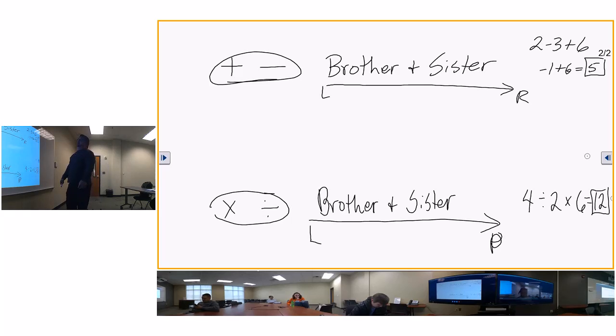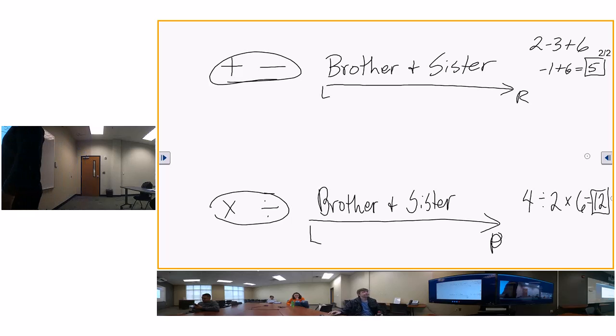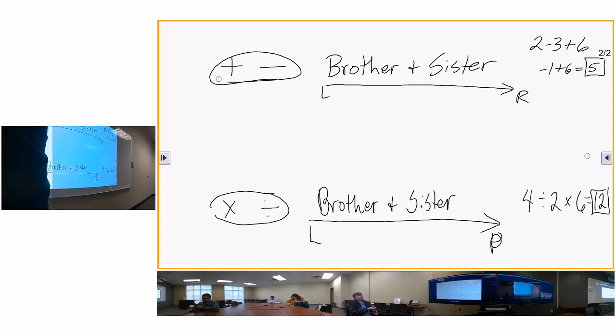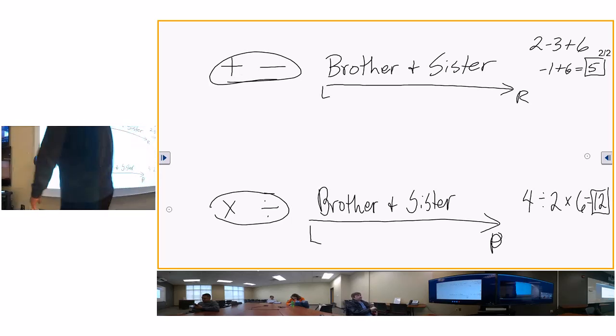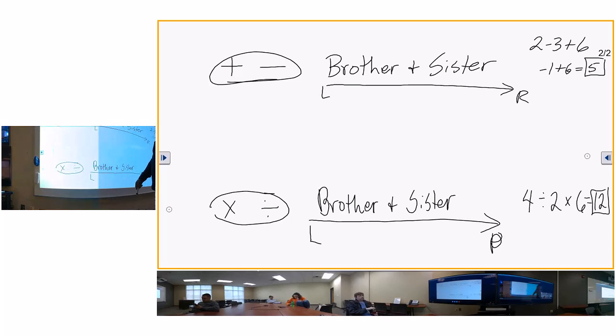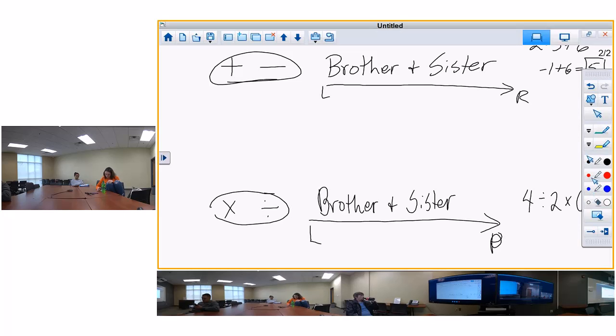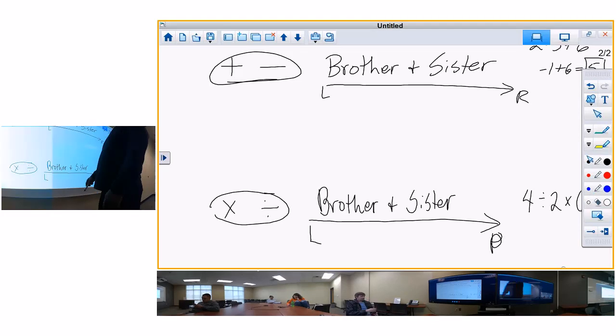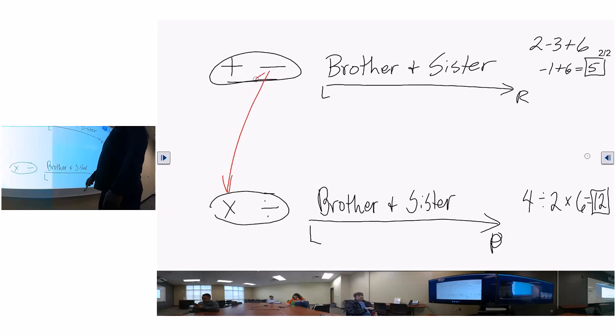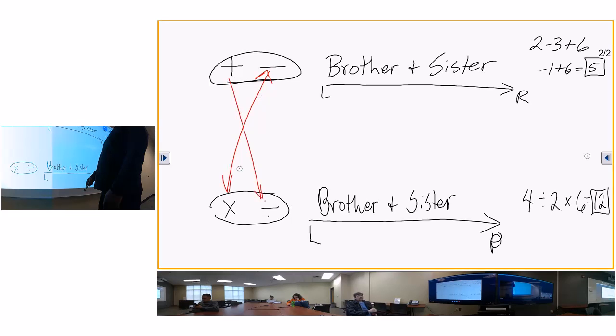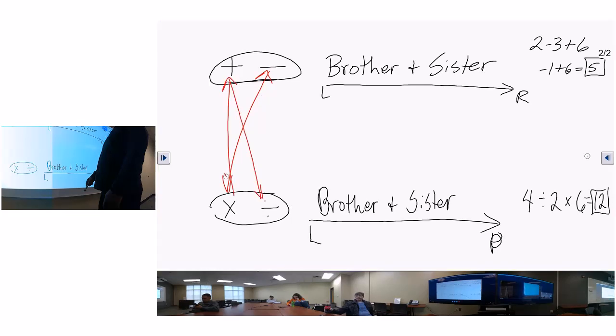If you have a mathematical sentence and you just have these 2 in any order, or these 2 in any order, you go left to right. If you have a crisscross of brother and sisters, you have cousins. This is a Hubertism. You're not going to see this in any book.